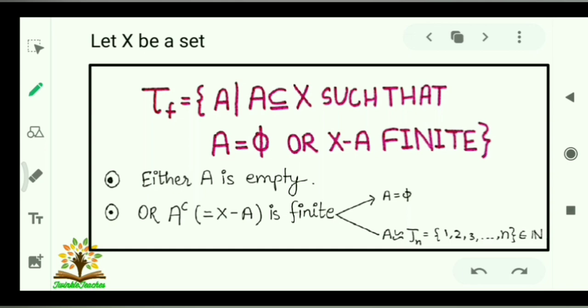That is, A must be empty or the complement of A must be finite. And what does it mean by finite? Either A is phi or A is equivalent to some subset of natural numbers. So this is about co-finite topology.